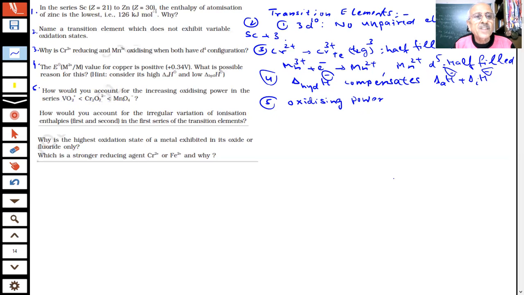Did you find the oxidation states of each element? What is the oxidation state of vanadium in VO2+? Find the oxidation number of vanadium. Find the oxidation number of Cr2O7. Find the oxidation number of manganese.